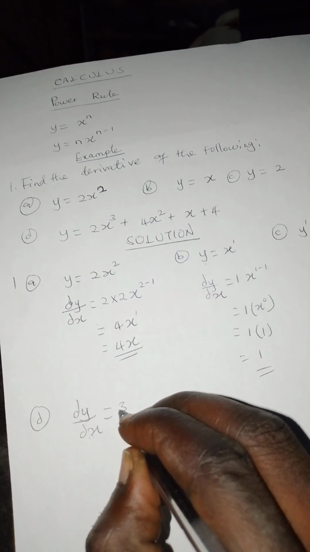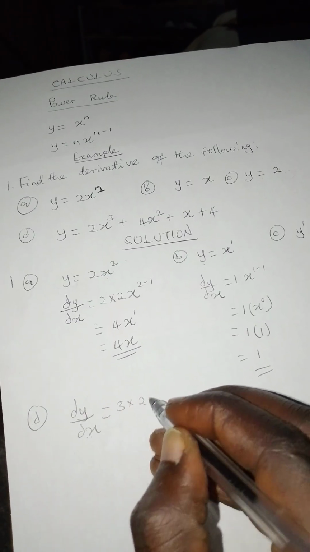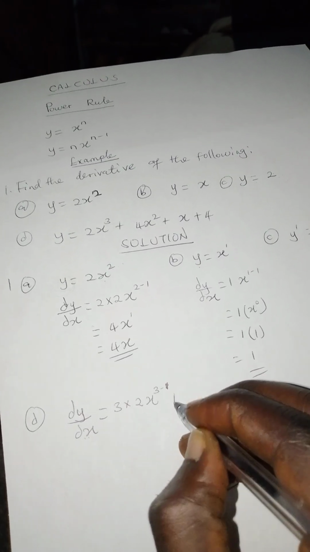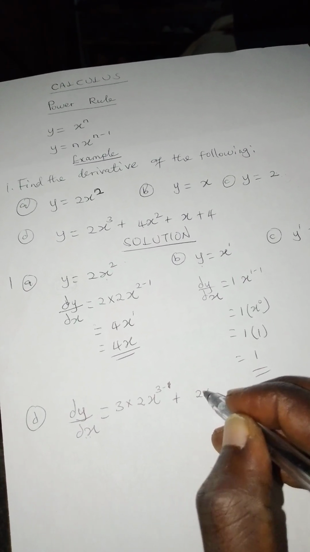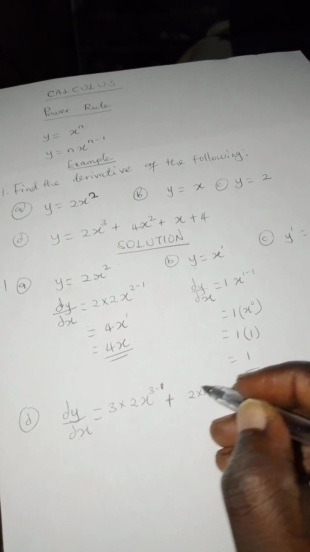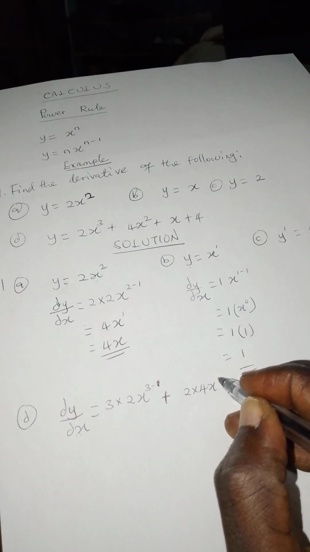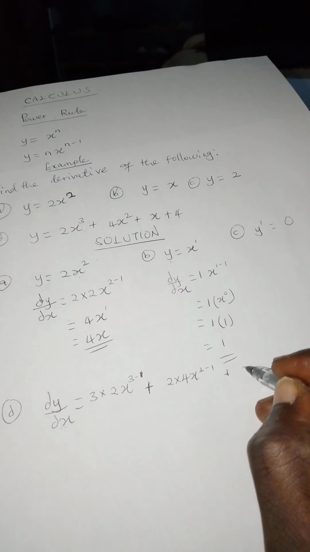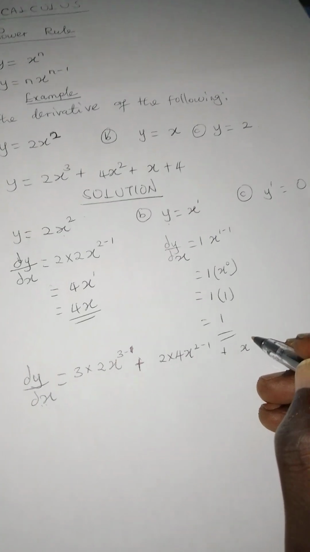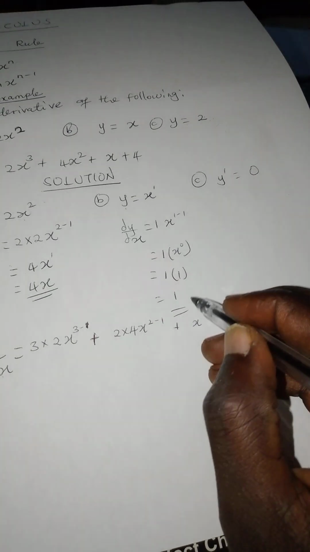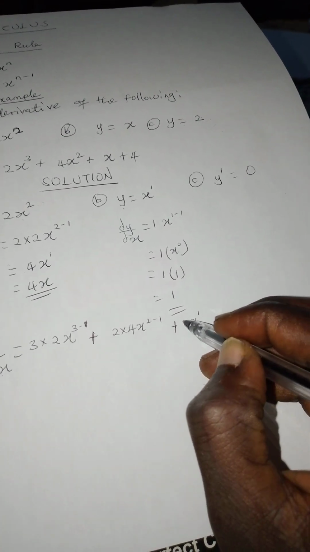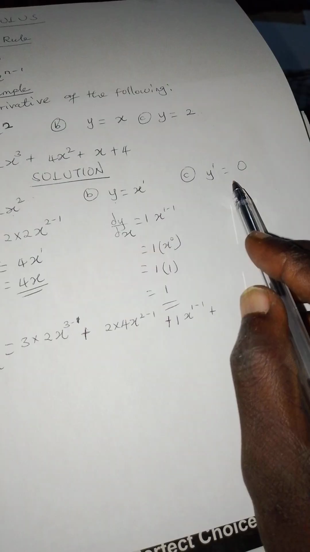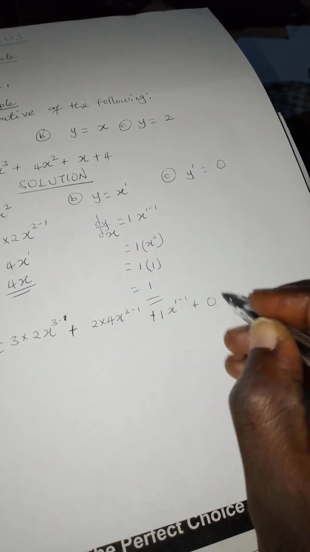A 3 will come here, then I'm multiplying with 2, then it will be x^(3-1), plus 2 multiplied by 4, then I have x^(2-1), then plus. Remember, any number, as long as it is just a single variable, is the same as it raised to 1. So there's a 1 here. Again, the 1 will come here, and we subtract 1. Then the last one is a constant, just like what we did in c, so the value here is 0.